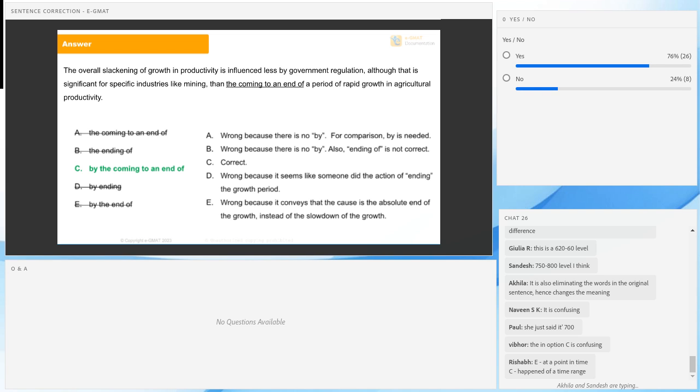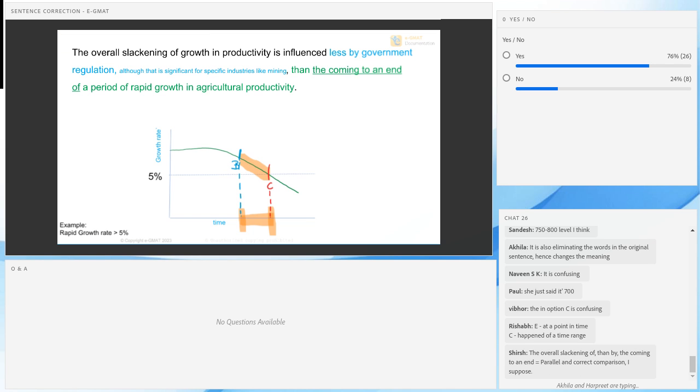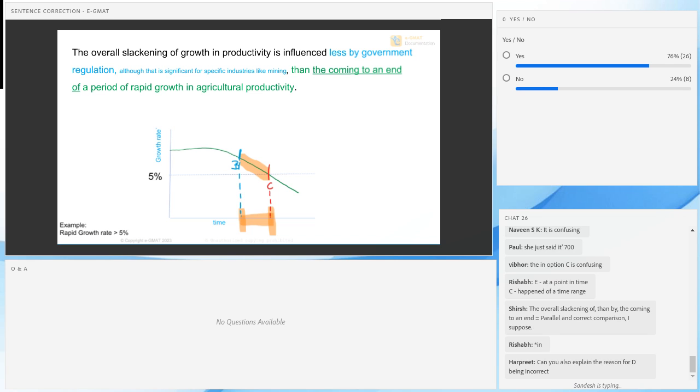Okay, Rishabh, absolutely. E is at a point in time, C happened in a time range. Absolutely. And that's what this graph shows. Choice E is communicating the end of growth, whereas the entire period starting from this point when the slowdown starts to happen is what the original choice is communicating, and that is what choice C is explaining.